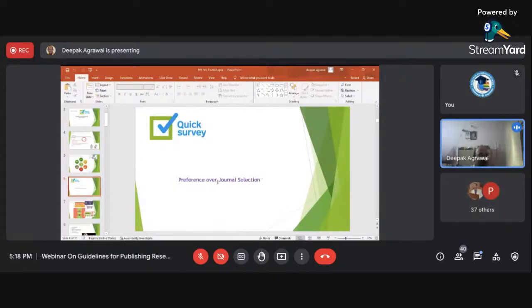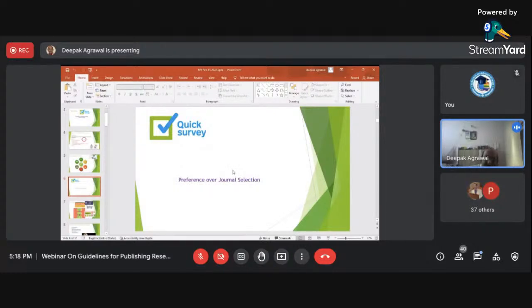Preference over journal selection. Now, most have already responded. What will be your preference toward journal selection? Would you like to go with the international publication, or would you like to go with the national publication? Both systems have their own pros and cons. When we move towards international journals, they have their own defined structure and norms, and we need to strictly follow those norms.